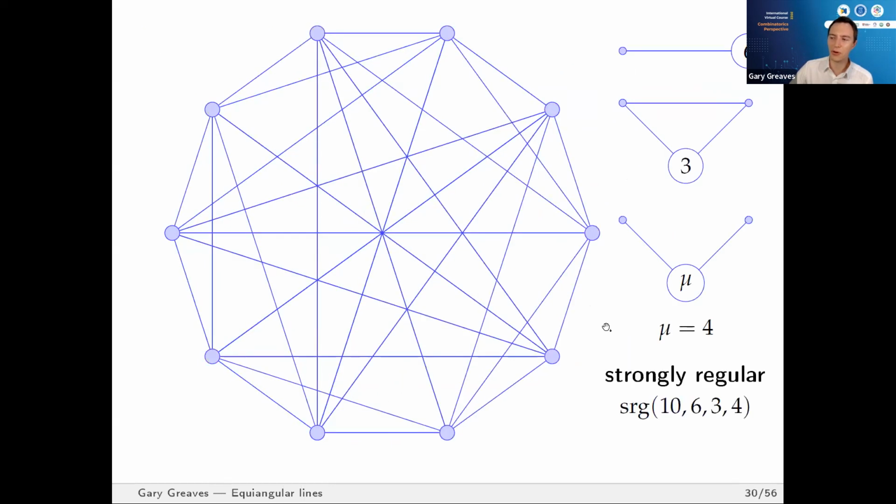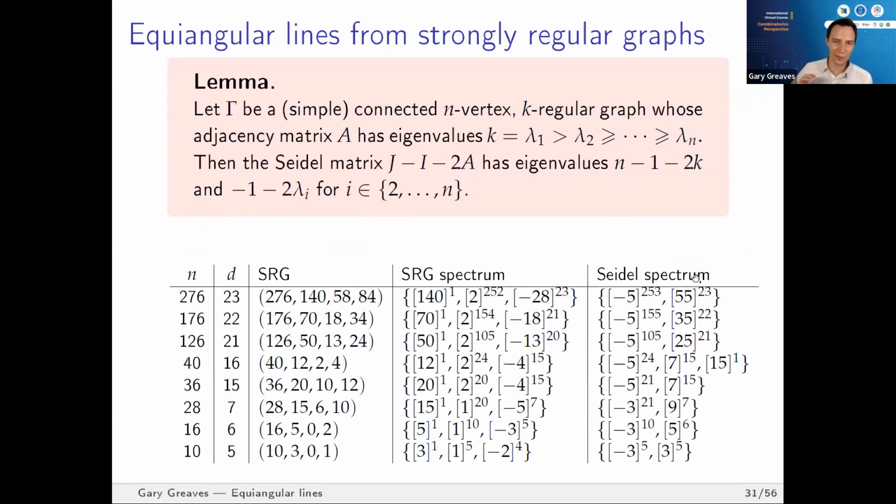So I introduced strongly regular graphs using this example. Strongly regular graphs have these three properties: regular, edge regular, and co-edge regular. Now there's a nice correspondence with Seidel matrices, and in fact this correspondence works for any regular graph. That's summarized in this lemma.